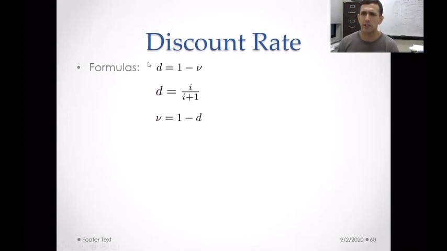You just take this here that I'm circling with my cursor, add nu, subtract d. If you take what I'm circling here and just simply solve for i, you'll get i is d over 1 minus d. If you plug in for d here in terms of i over 1 plus i is 1 minus nu, so solve for i, you get 1 over nu minus 1.